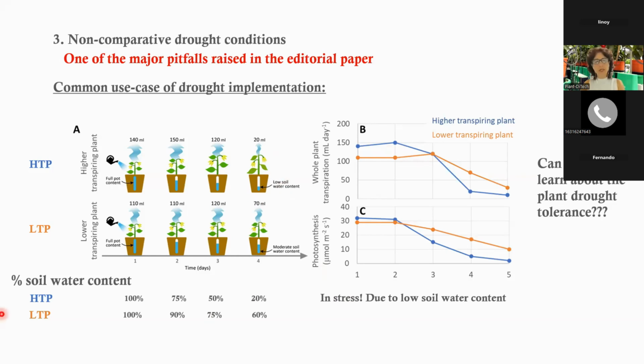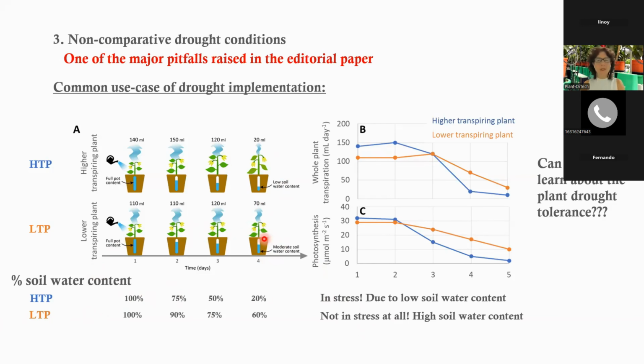And what happened in the lower transpiring plant? It was not in stress at all because it didn't feel any limitation. It felt good and continued to produce. No problem there.